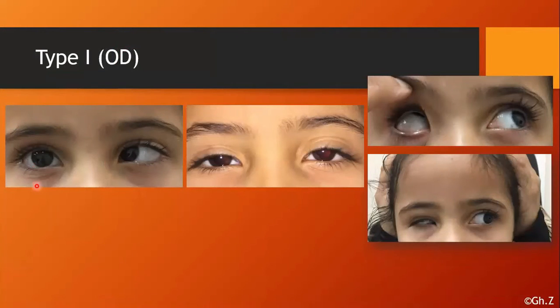So we have ipsilateral face turn in type 1. If we have a Duane syndrome in the right eye, type 1, and there is a face turn, it should be a right face turn. If we have a Duane on the left eye, type 1, and there is a face turn, it should be a left face turn. So in general, it's an ipsilateral face turn because the limitation is in the abduction. Got it?